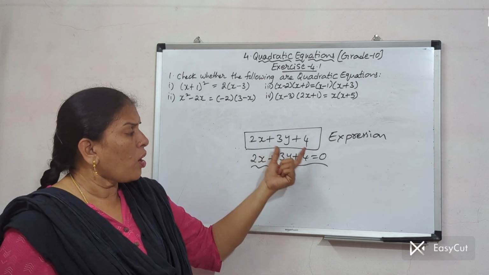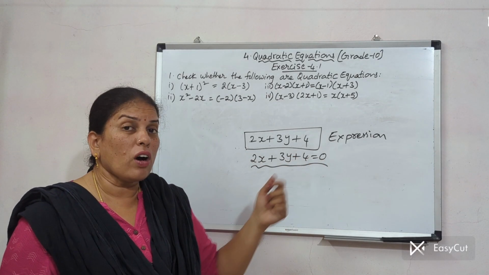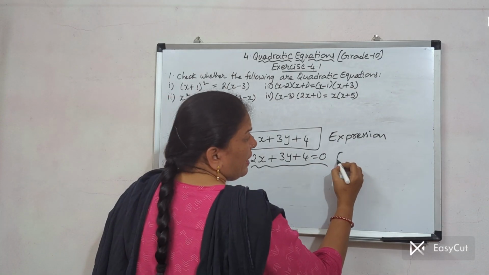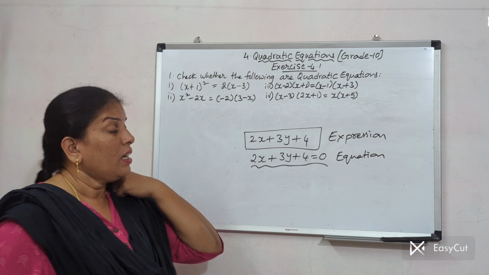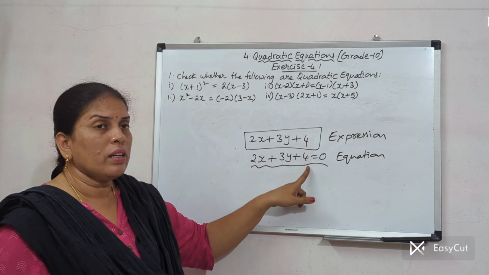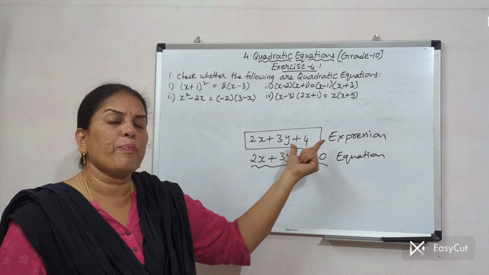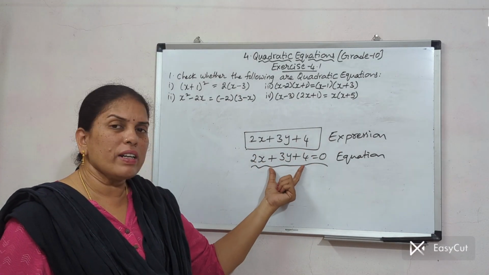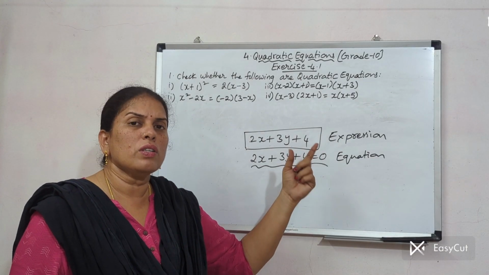If the same polynomial is equal to 0, then we will call it an equation. What will we call it? Equation. The difference between these two is a lot. First one is called an expression or polynomial. Second one is called an equation. Equation means that it must be equal to 0.